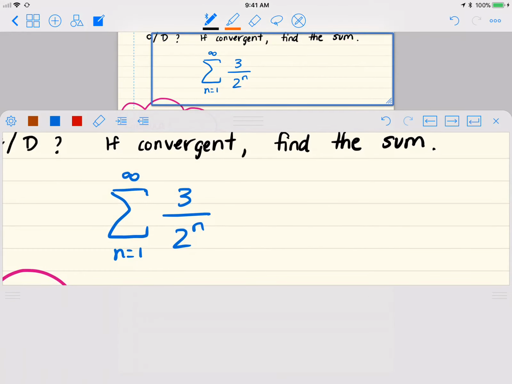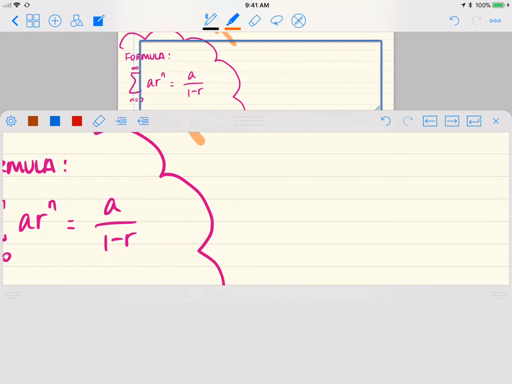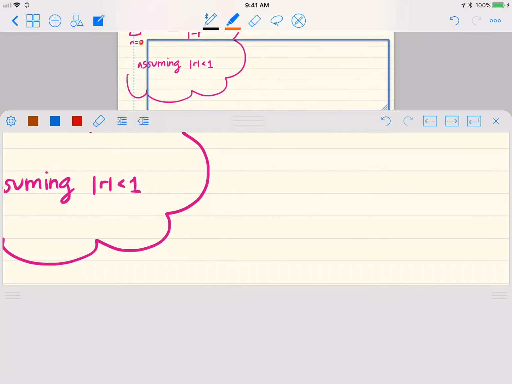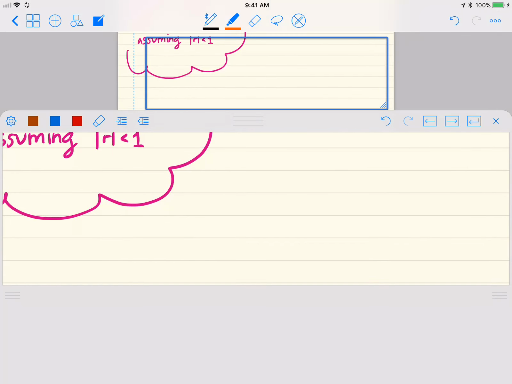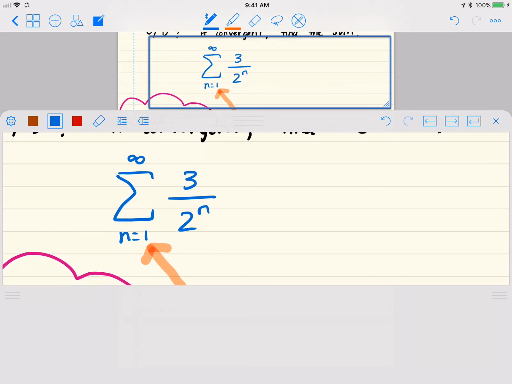Now the first thing I want to notice is that here n is starting at 1, whereas in our formula the index is 0. Okay, so that's actually kind of important. What I'm going to do is start by rewriting this sum.